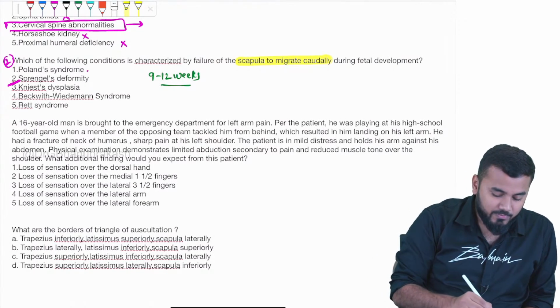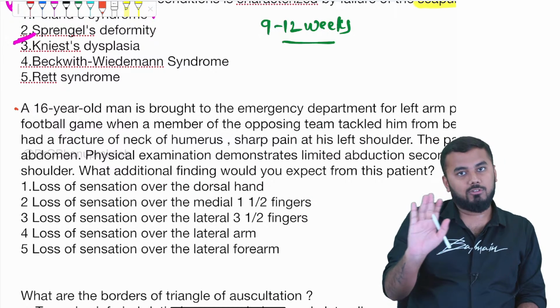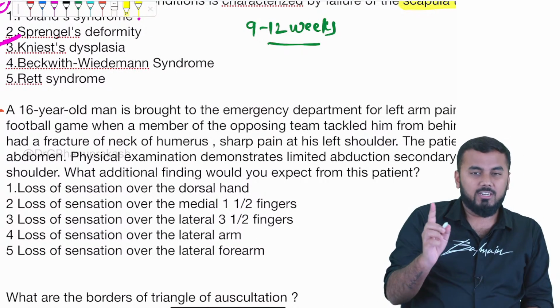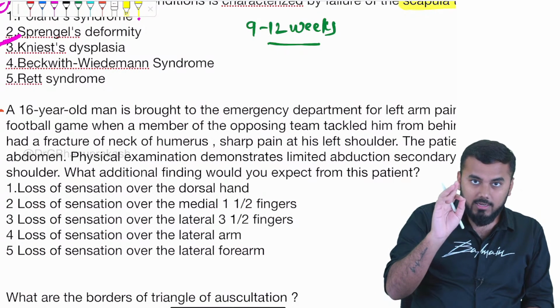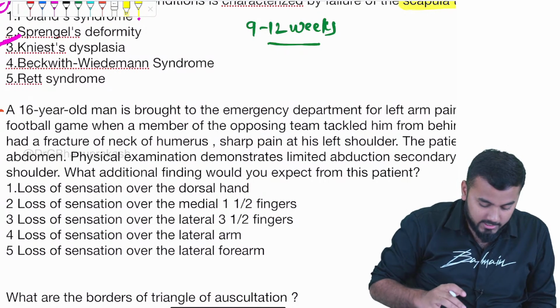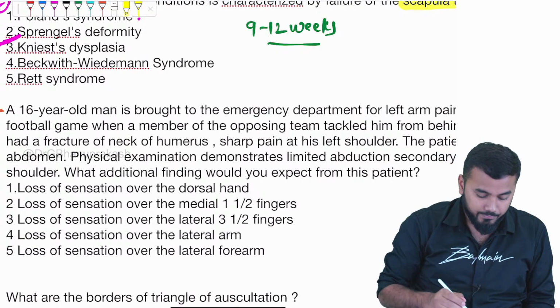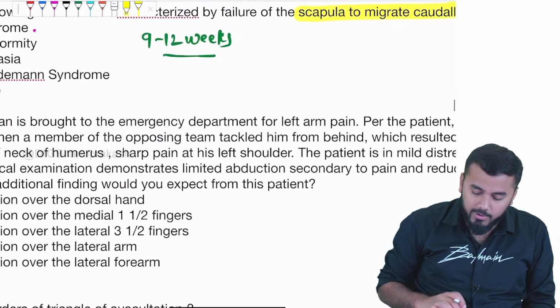Another question for you. If you answer this, I will believe that you understood the topic, guys. A 16-year-old man. Now, this question I have picked up from USMLE. This is how the questions are asked in your NEET exams, or the next exam. A 16-year-old man is brought to the emergency department for left arm pain.